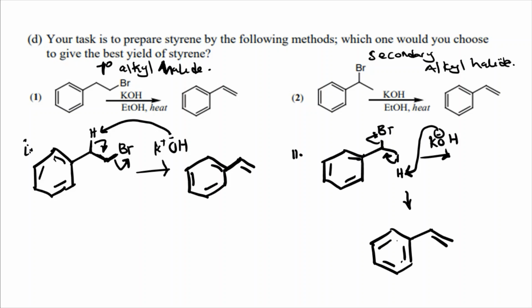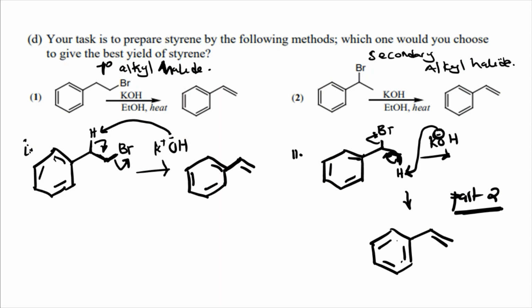So now they're telling us which one is the best between these two? The one that I would choose to yield the best amount is this one here, part 2. Why? Because this one, the base, will easily come and get this hydrogen, and this reaction won't compete very much with an SN2 reaction.